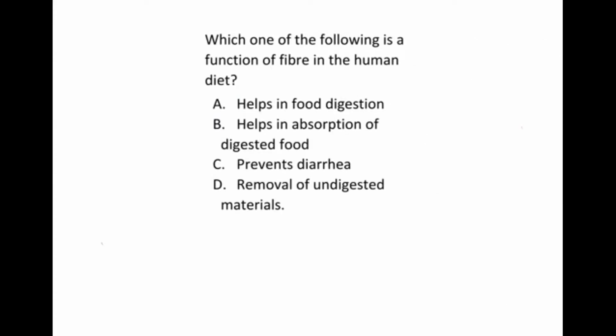Which one of the following is the function of fiber in the human diet? To answer the question, we need to know the functions of fiber. Fibers are thread-like materials that help in the movement of materials in the body.